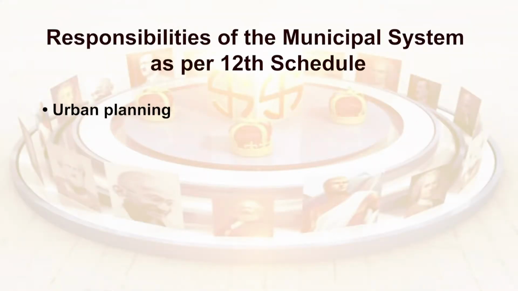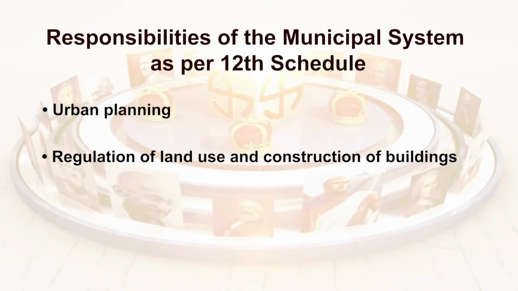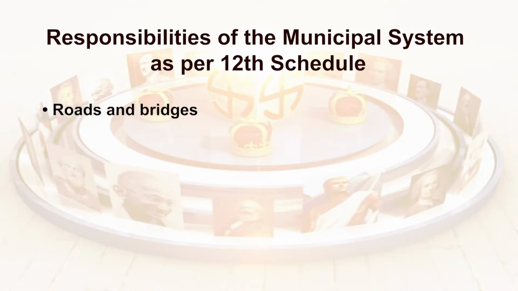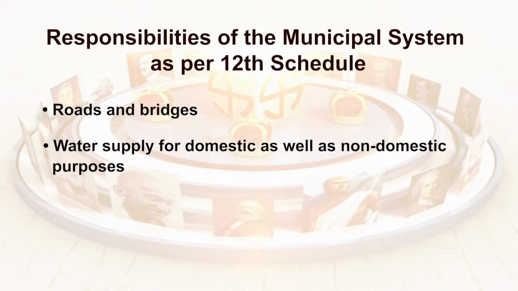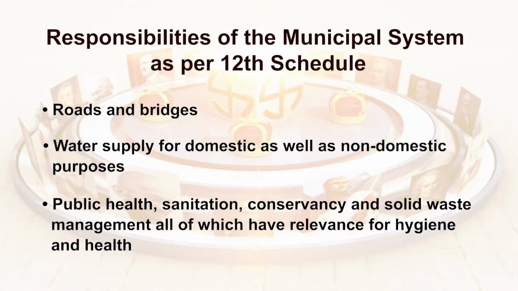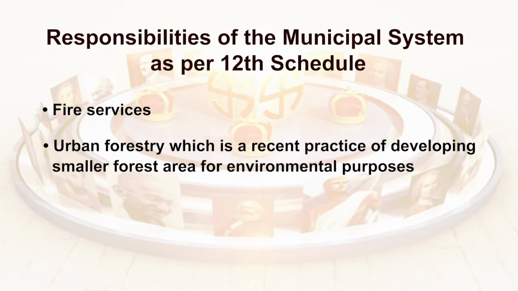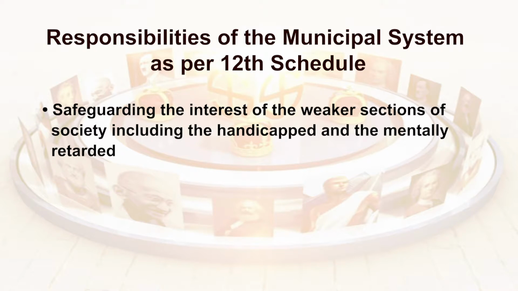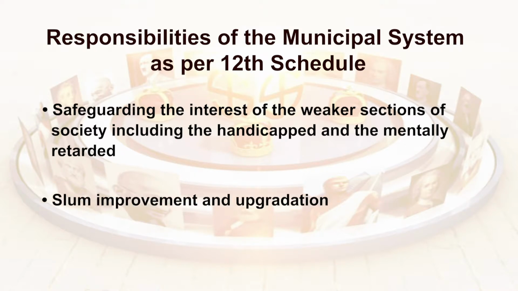They include urban planning, regulation of land use and construction of buildings, planning for economic and social development of the area under concern, roads and bridges, water supply for domestic as well as non-domestic purposes, public health, sanitation, conservancy and solid waste management, all of which have relevance for hygiene and health, fire services, urban forestry, which is a recent practice of developing smaller forested areas for environmental purposes, protection of the environment, safeguarding the interests of the weaker sections of society, including handicapped and mentally retarded, slum improvement and upgradation.